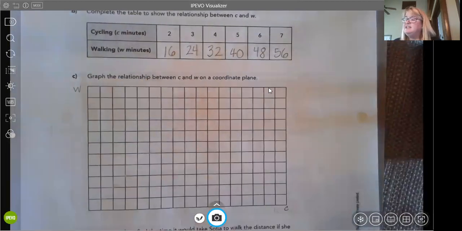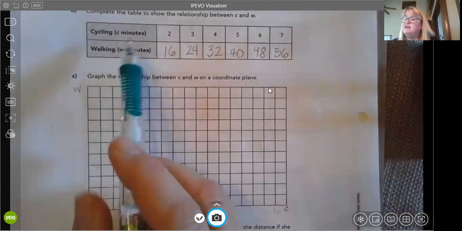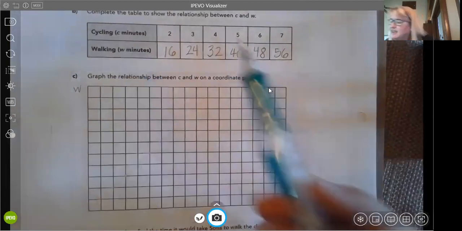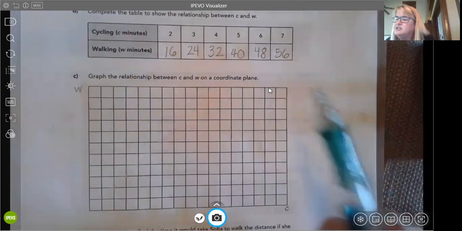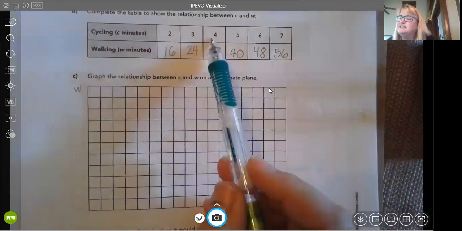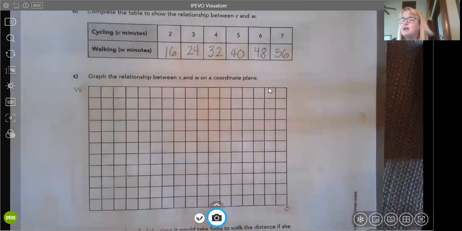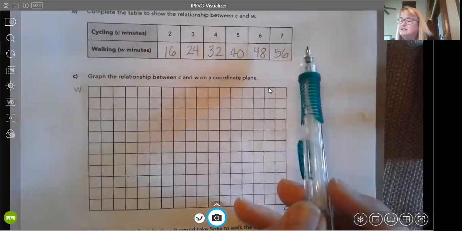All right, so C stands for cycling, and if I look at the numbers, I see that it is 2, 3, 4, 5, 6, 7. We're counting by ones.